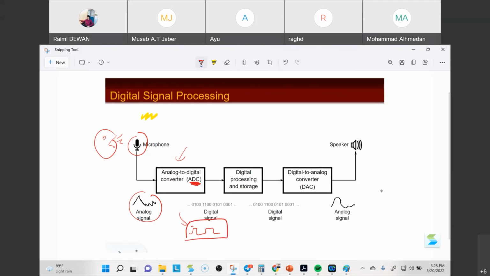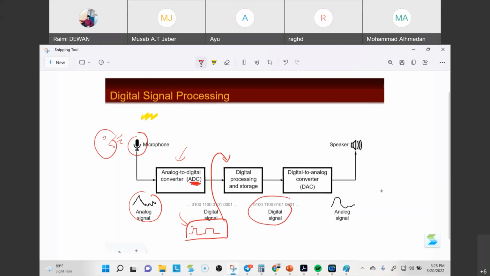So here, you see, you change this analog to digital. Then it will pass through this stage, digital processing and storage. Once you have the raw digital signal, why do I call it raw? Because it's directly converted from your analog. So you need to process and store the signal. After that you will receive the digital signal again.